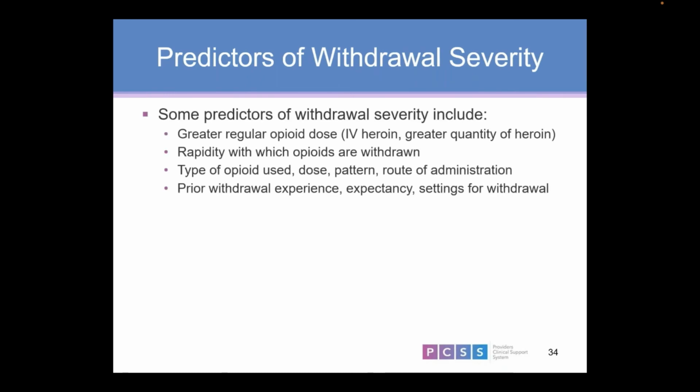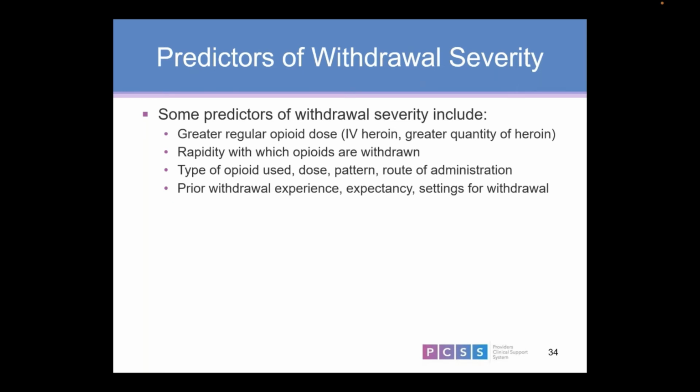Some predictors of withdrawal severity have to do with how much a patient was actually using in terms of opiate dosing prior to starting the medicine, and how rapidly they withdrew from it, so they are still going to have some capturing of the receptor and just changes, not allowing the body to compensate for the reduction in opiates over time, so that the body starts to stabilize more.